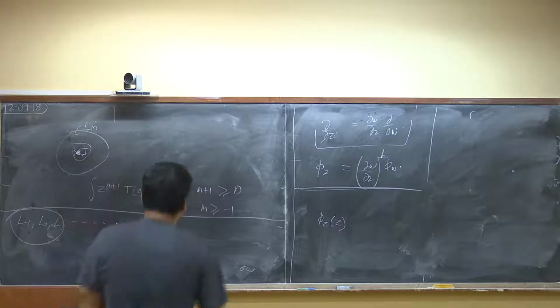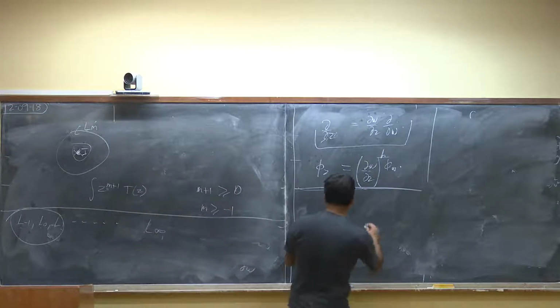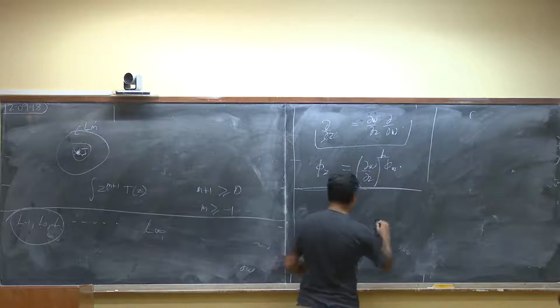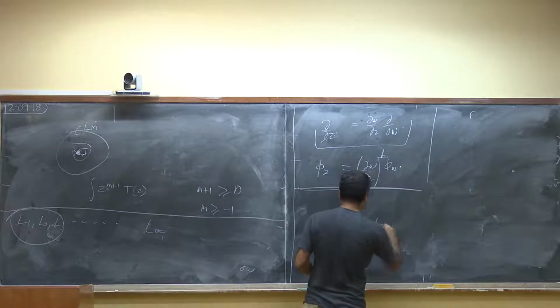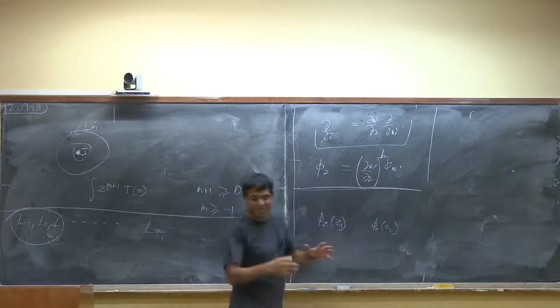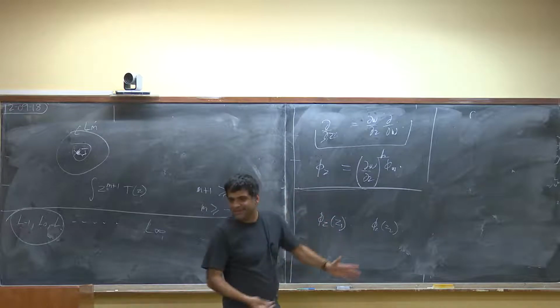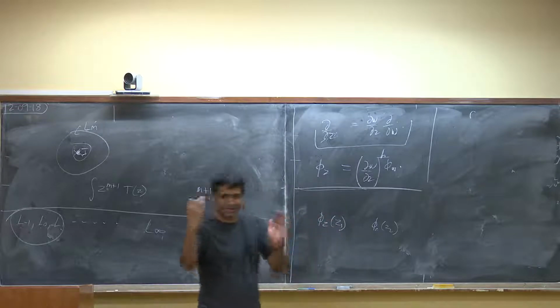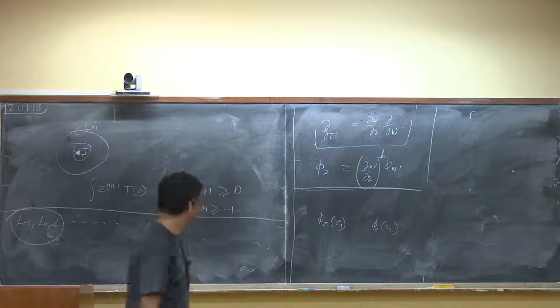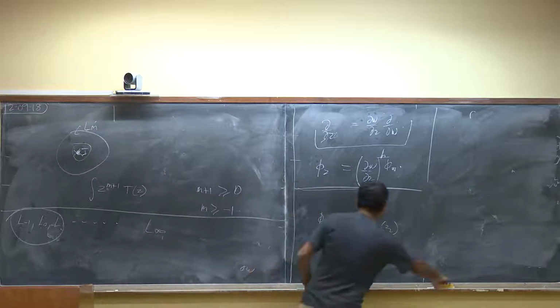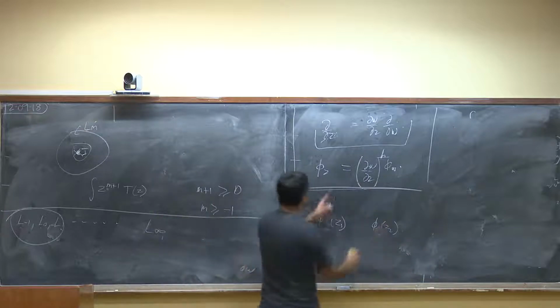Maybe it's easiest to say it with two phi's. So suppose I have phi at the point z1 and phi at the point z2. I could dress this with many other operators and many other points, but just for clarity, I'll stick to this. This is phi in the coordinate z.